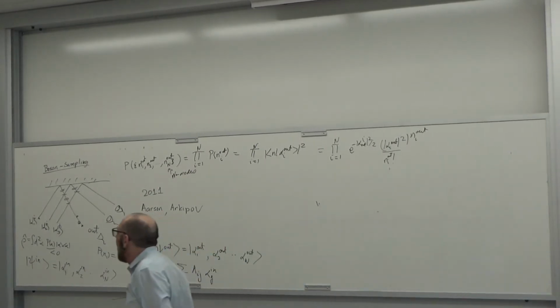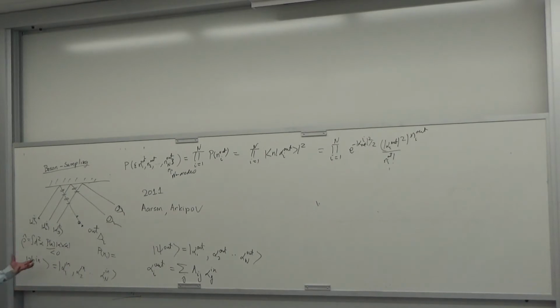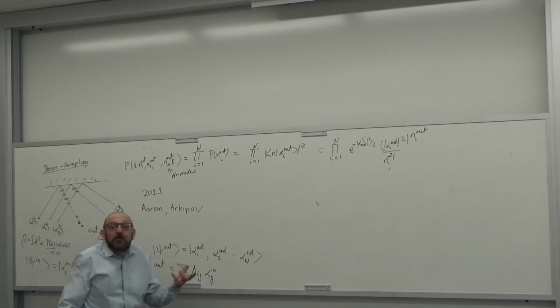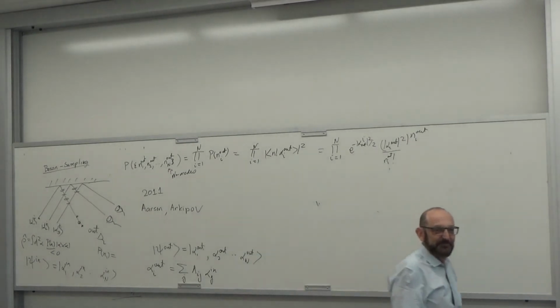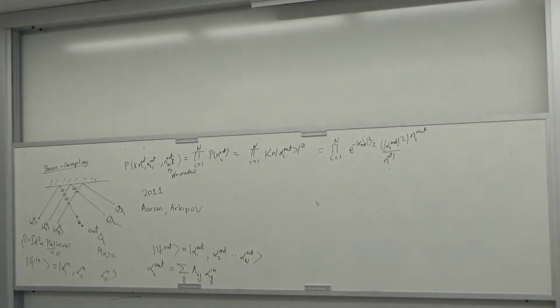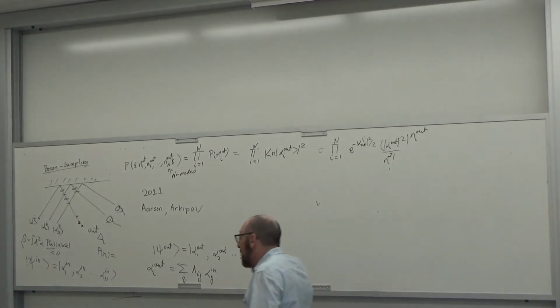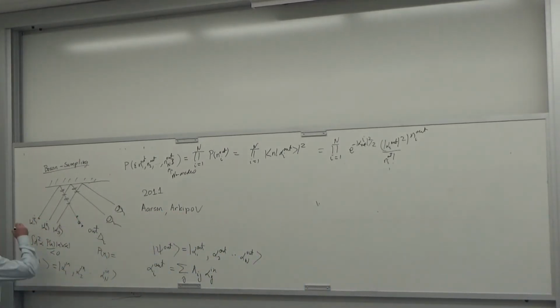Okay? In that case, you couldn't do Monte Carlo sampling over this in that way. In fact, there's no way to do it. So, on the other hand, suppose that, so now I'm going to put in squeezed states here.